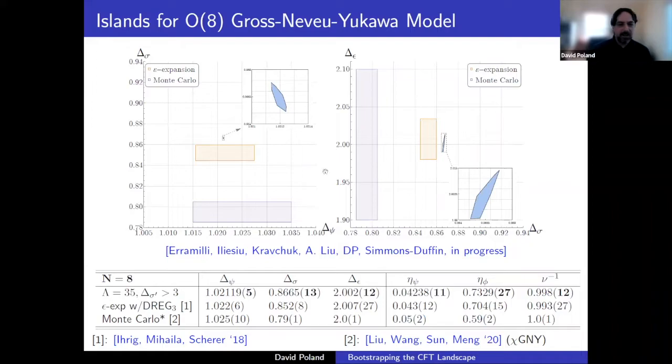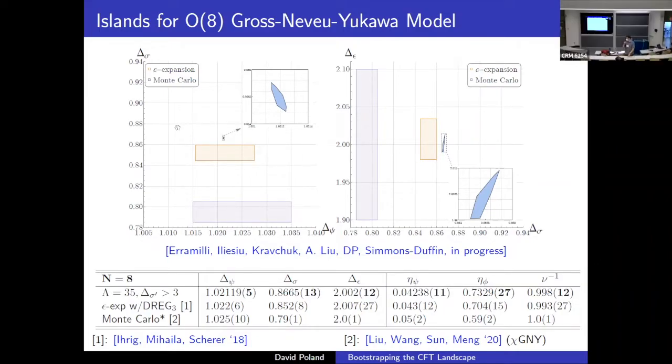You can see that the calculations agree pretty well for delta psi, and they're overlapping for delta psi, but they're a little bit off from each other in delta sigma. So understanding the source of that disagreement would be interesting.